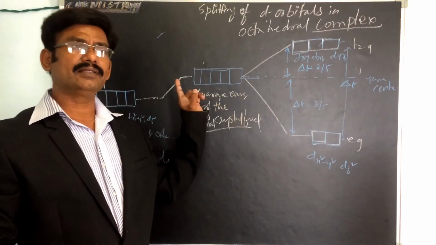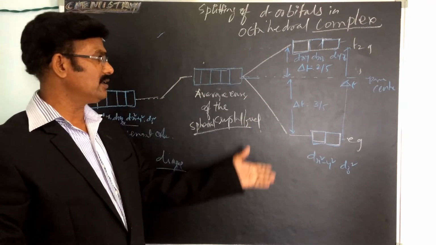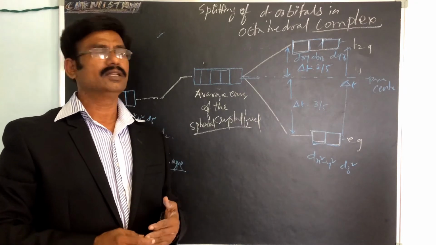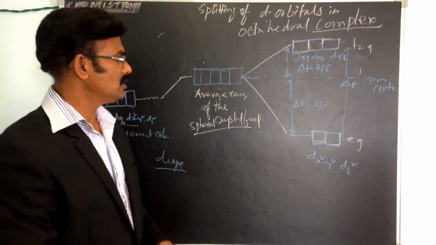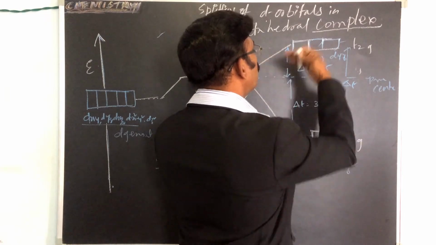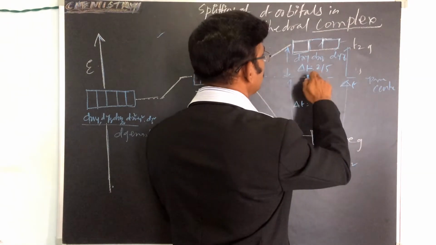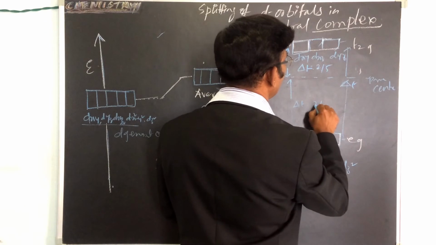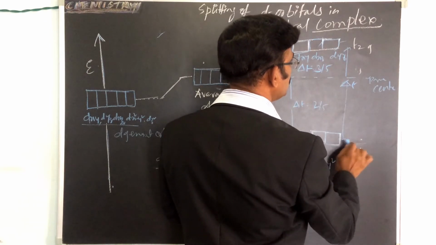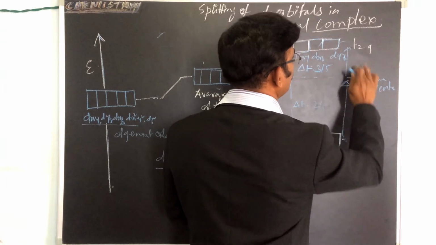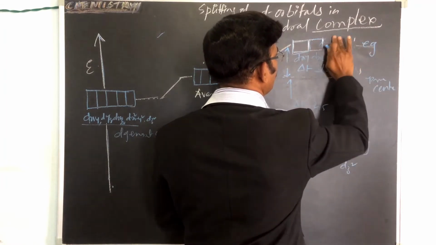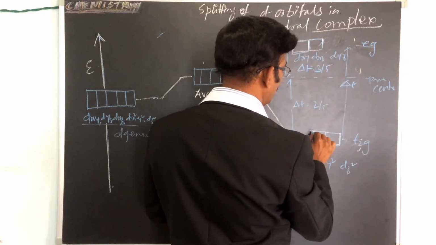If we understand the tetrahedral complex, then we can understand the octahedral, which is just the opposite of the tetrahedral complex diagram. It is totally opposite, meaning we simply rotate it. This is 2 by 5, here 3 by 5. Here T2g, here Eg. So here only two orbitals, here three orbitals.